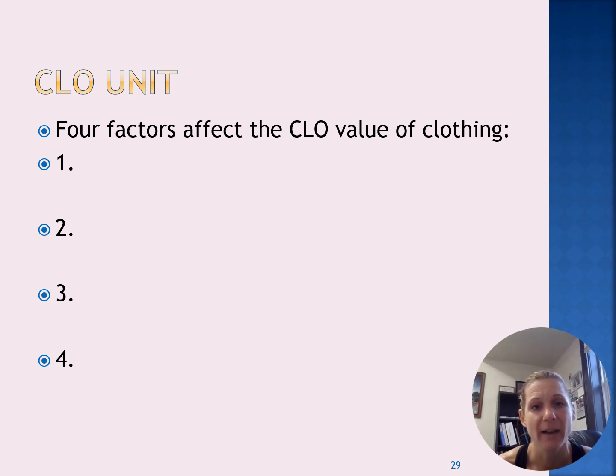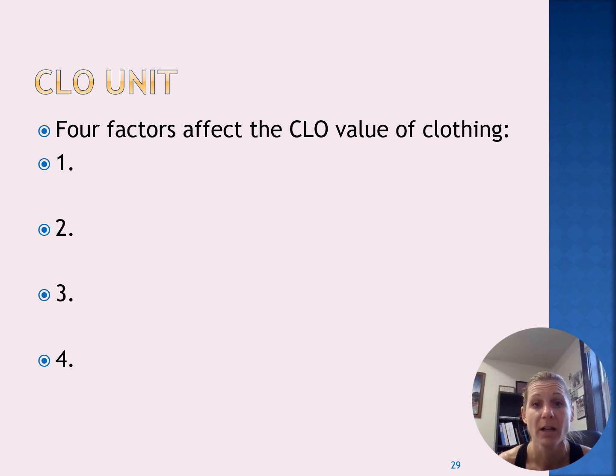We also have the bellows effect, which is if we have vigorous body movements, this will increase ventilation of those air layers. So for example, if you're riding your bike, right, those clothing items are going to have less of an impact, I should say, because of the movement of your body through the air. So vigorous body movements will increase ventilation of those air layers. And then lastly is the permeation efficiency factor of the clothing.